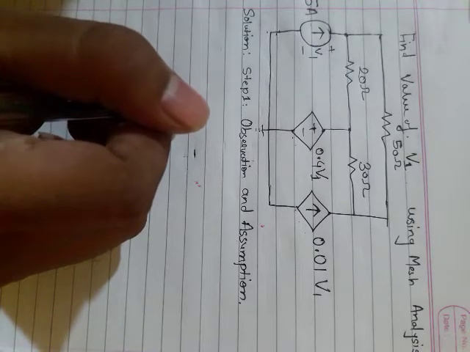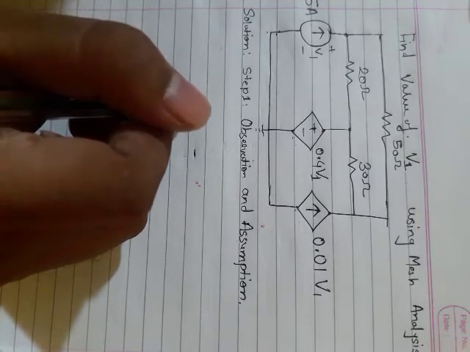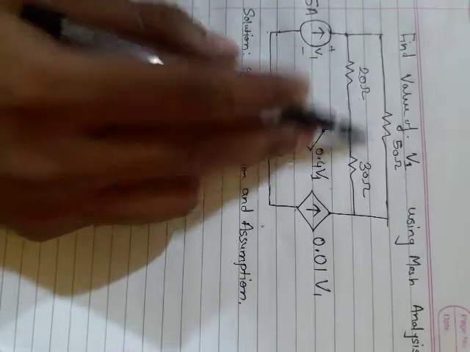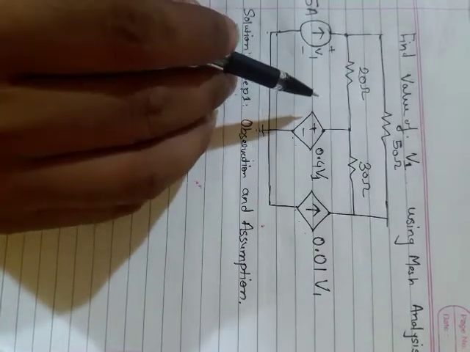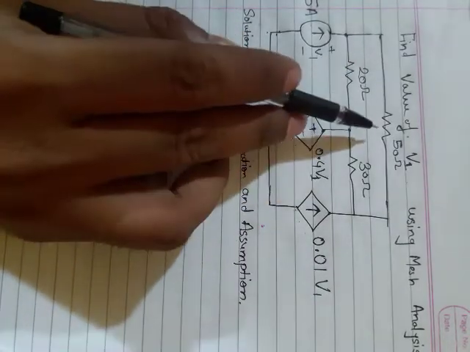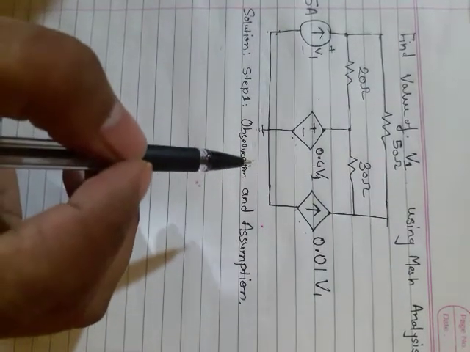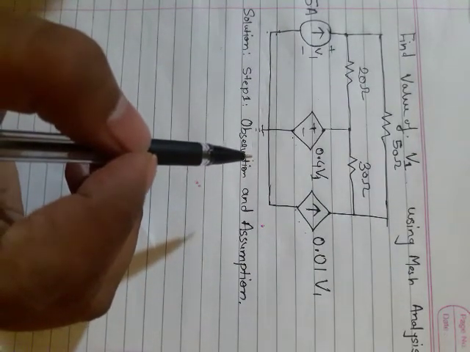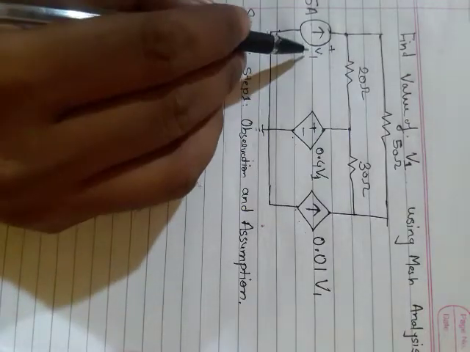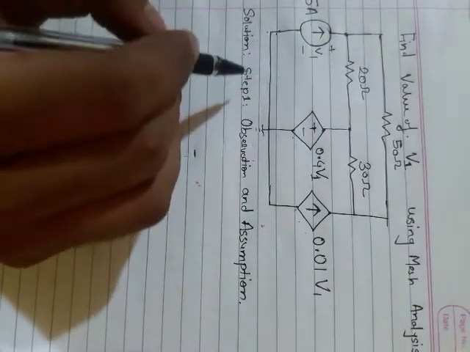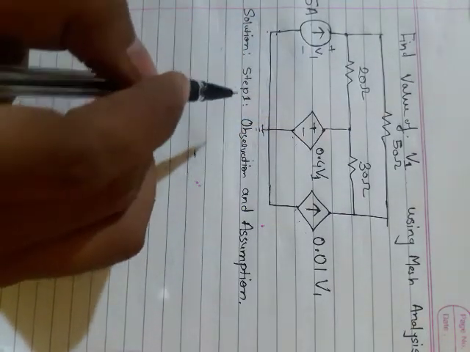Since it is a mesh analysis, we have to assume currents I1, I2, I3 in these three meshes. There are three meshes: mesh 1, mesh 2, mesh 3. And then we have to try to find out the value of V1 in terms of I1, I2 and I3.